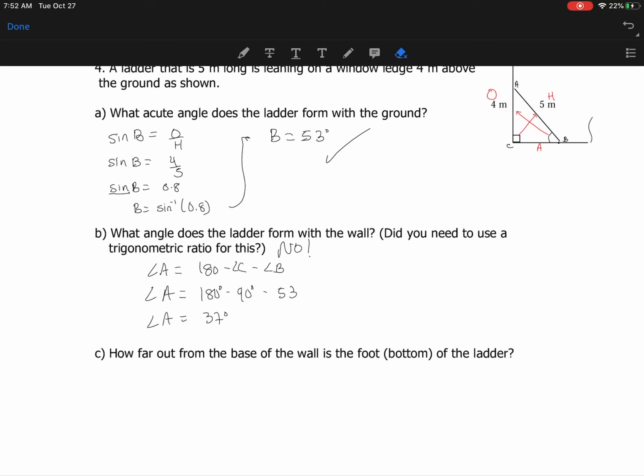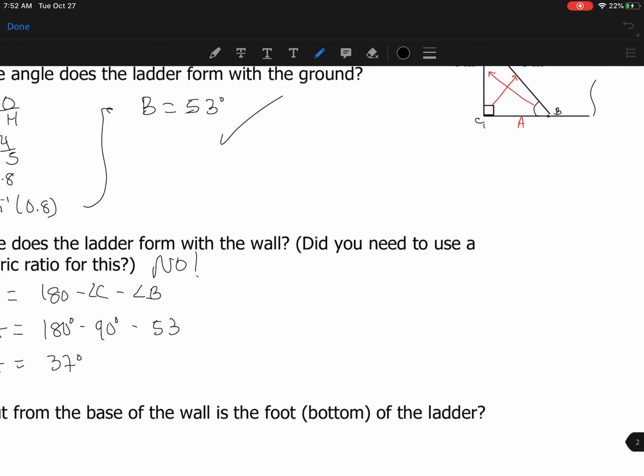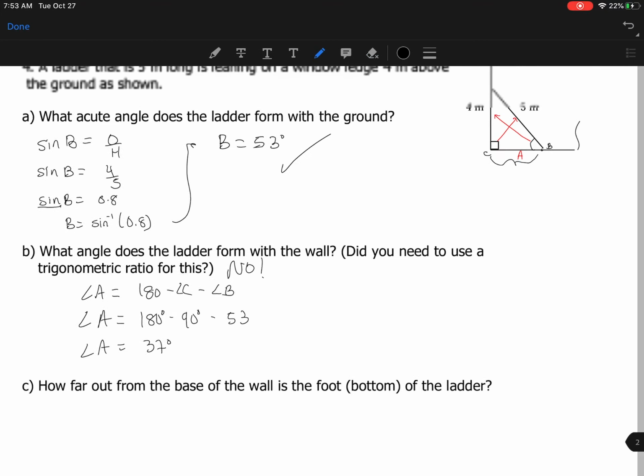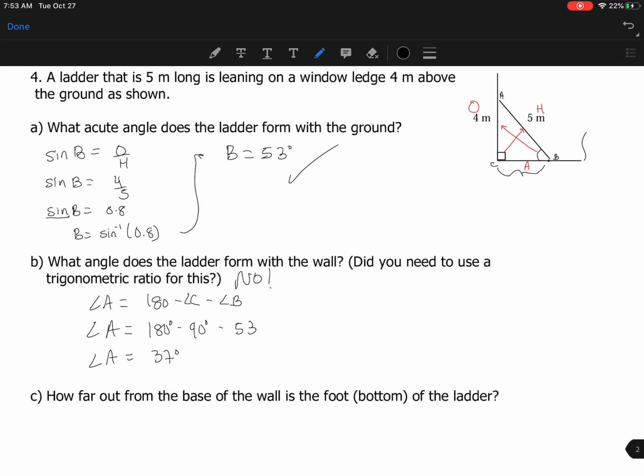They're asking us to find the adjacent side. How far from the base of the wall is the bottom of the ladder? They're asking us to find this distance right here. Let's just mix it up for the sake of the question.